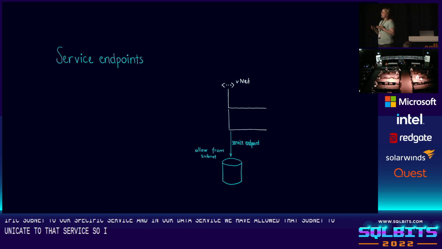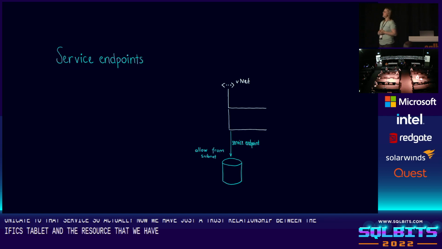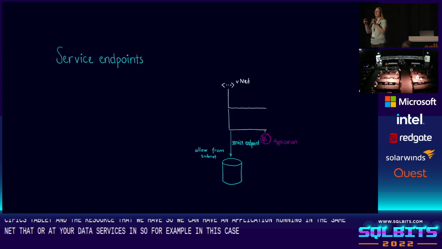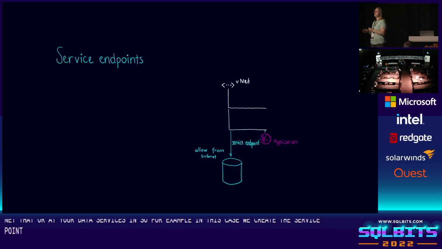So actually now we have just a trust relationship between the specific subnet and the resource that we have. So we can have an application running in the same subnet. So for example, in this case, we create the service endpoint in the subnet from where we want to communicate to that Azure Data Service.